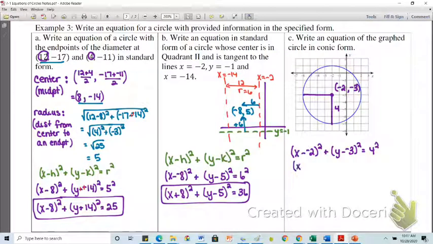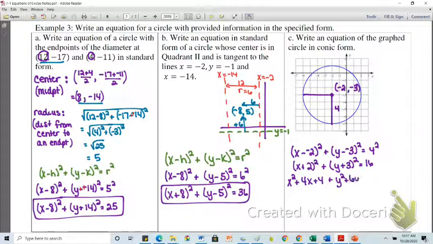So if I simplify that, but they don't want it in standard form, they want it in conic form, which means I need to multiply everything out. So I'm going to do my shortcut. Square the first, multiply and double, square the last.